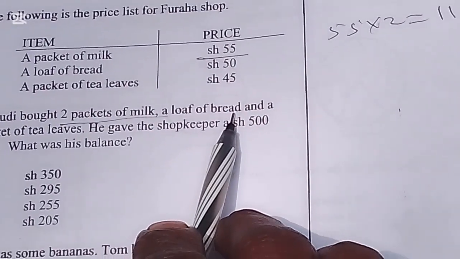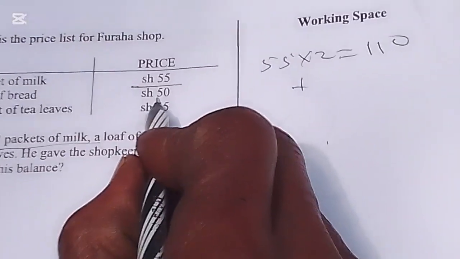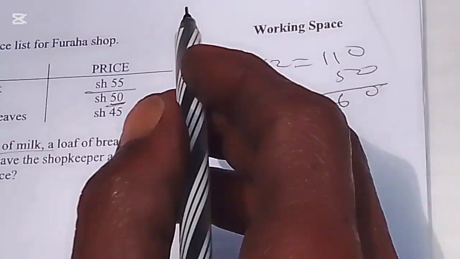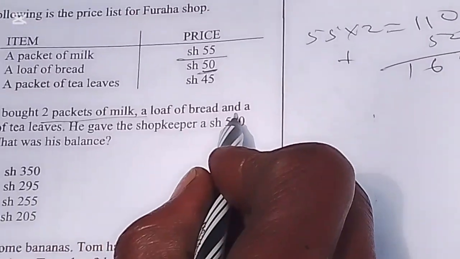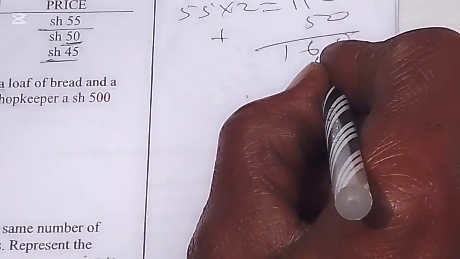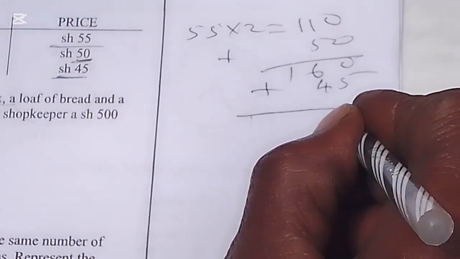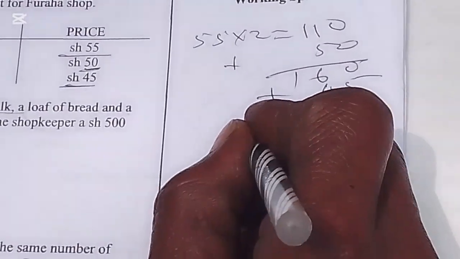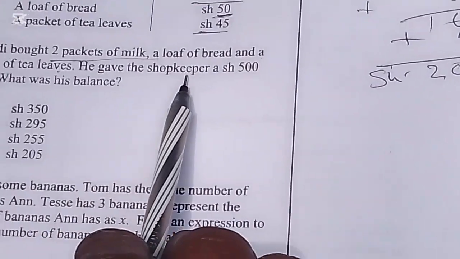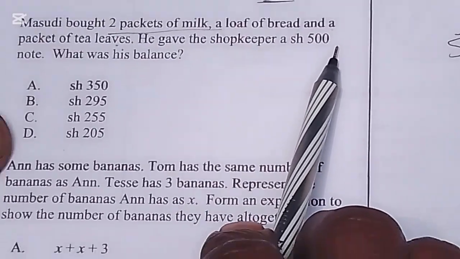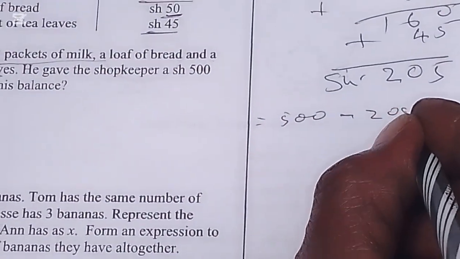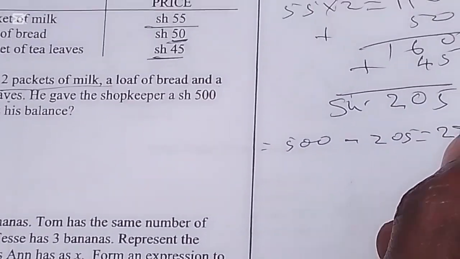A loaf of bread, that is 50. You get 160. Then a packet of tea leaves, that is 45 shillings. We are adding, 205 shillings. He gave the shopkeeper 500 shillings. So this is now 500, you subtract 205 and you get 285 shillings.